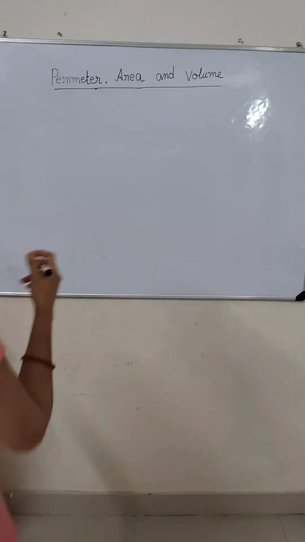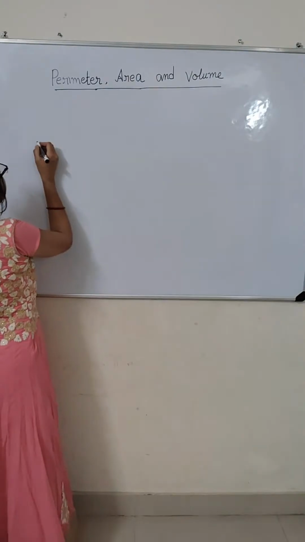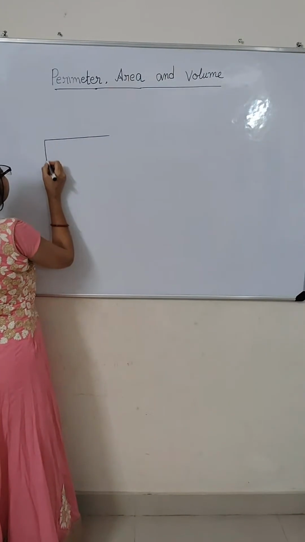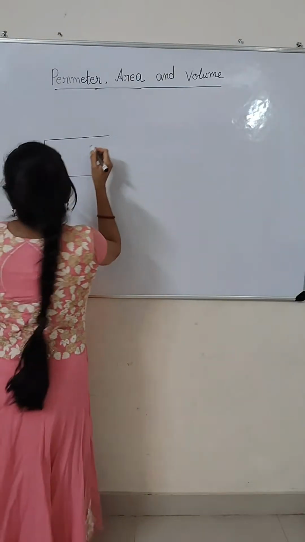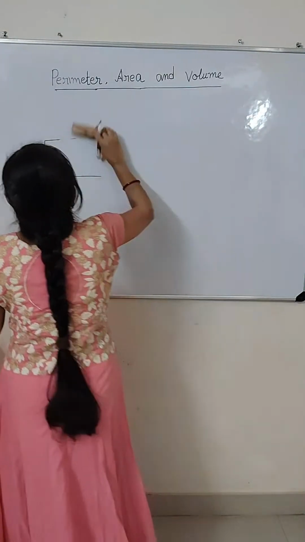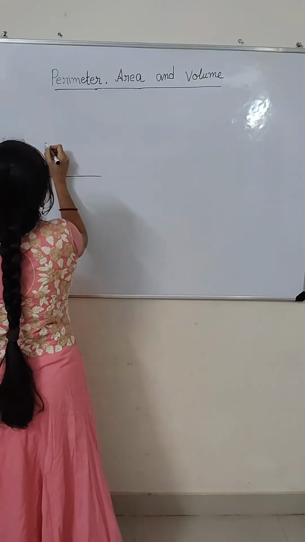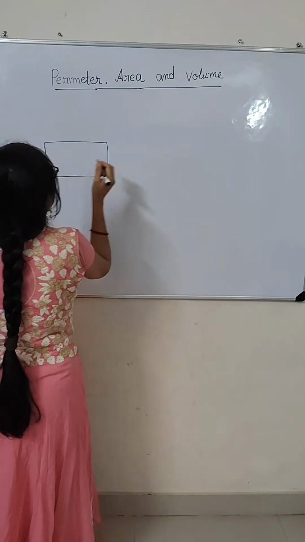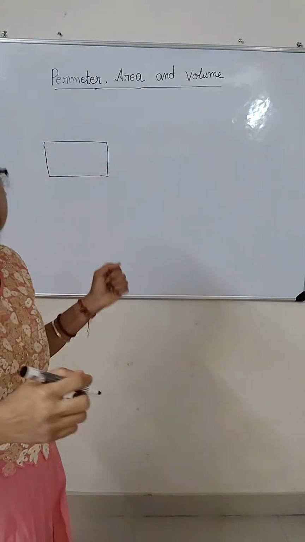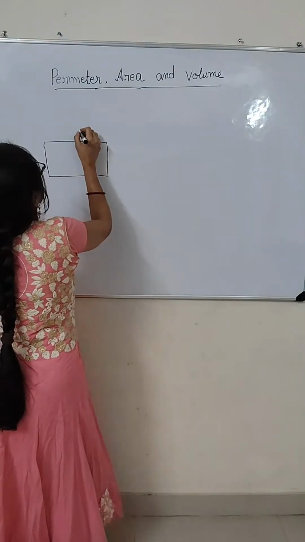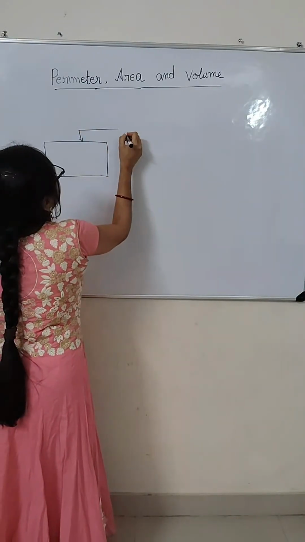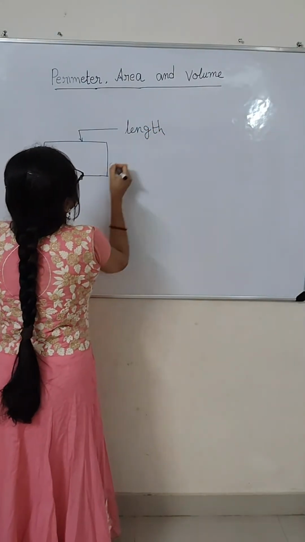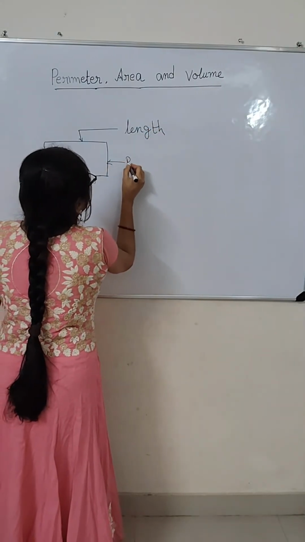Look, first I draw a rectangle. The long length is called length, and the short one is called breadth.